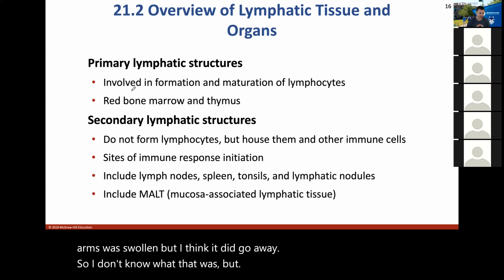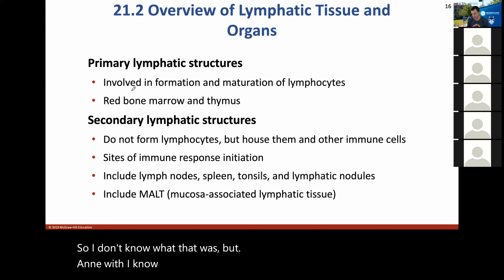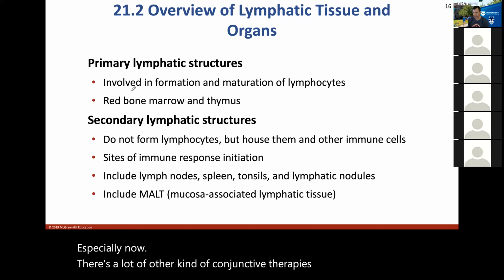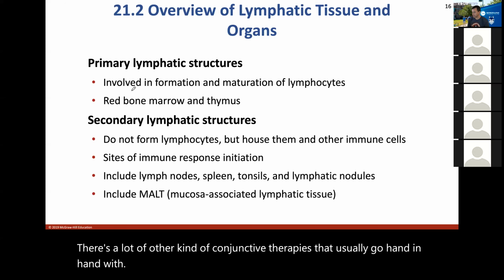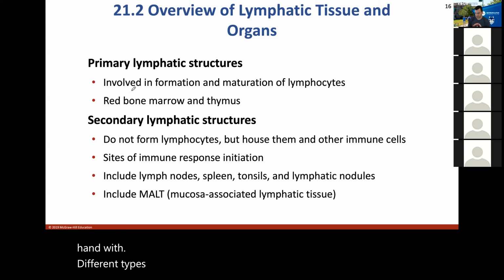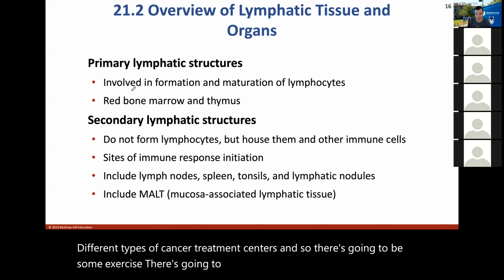And I know with rehab, especially now, there are a lot of other conjunctive therapies that usually go hand in hand with different types of cancer treatment centers. So there's going to be some exercise. There's going to be some compression that is worn.